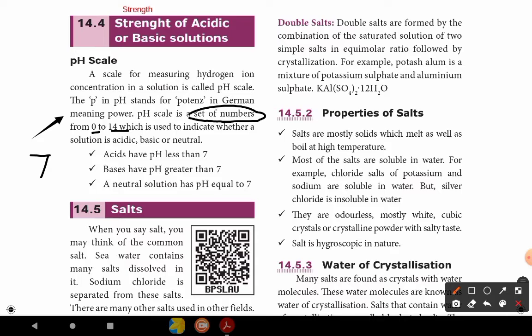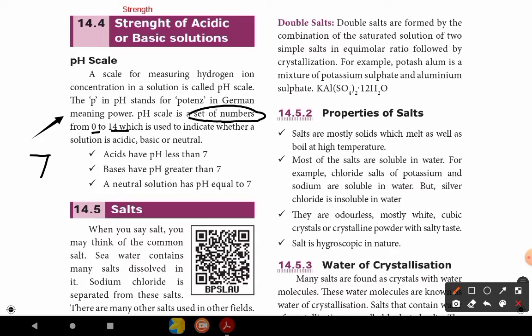In the pH paper, just listen to me. If you take a pH paper, just like litmus paper, you have a pH paper. What you have to do is take a strip of the pH paper and put it inside the solution that was given to you, and you will see the color change.